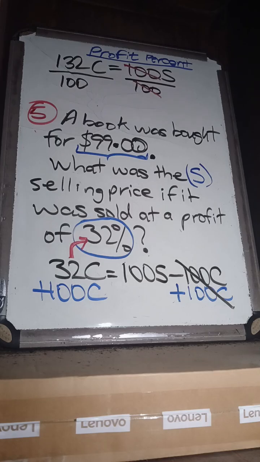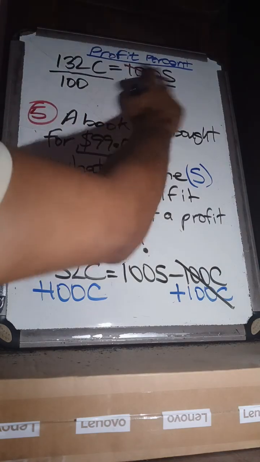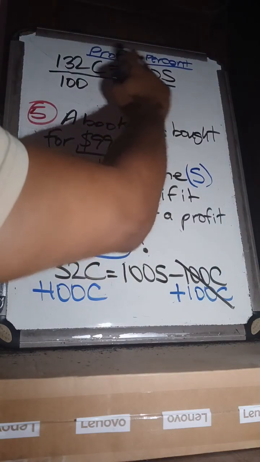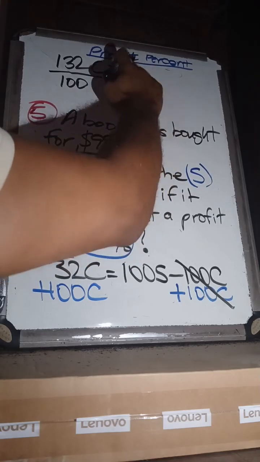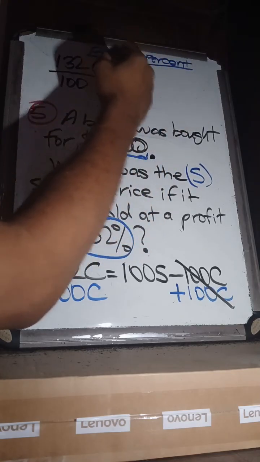Now, they never make this easy because you have to multiply 132 by 99 and then divide it by 100. Alright, fine. Let me use a little cheat code.